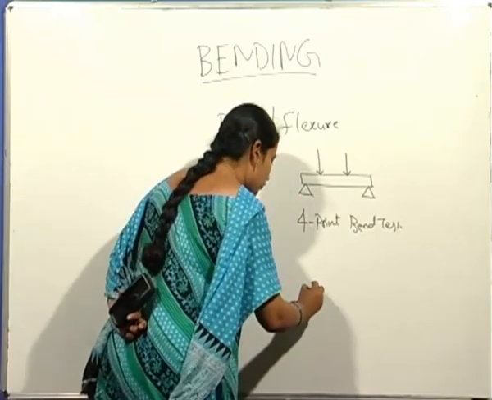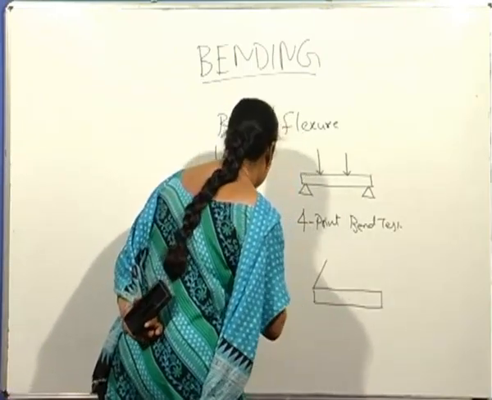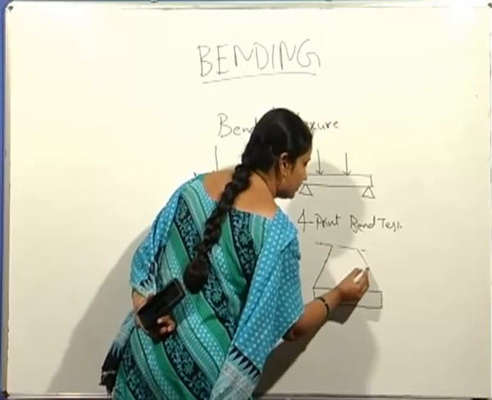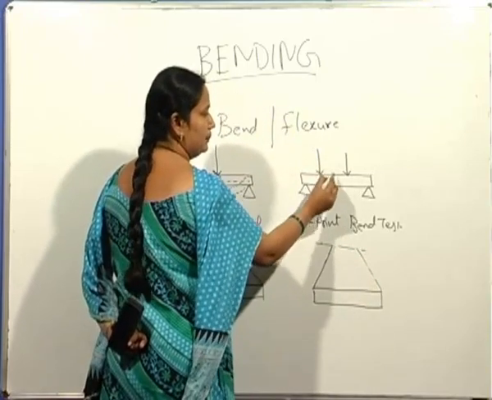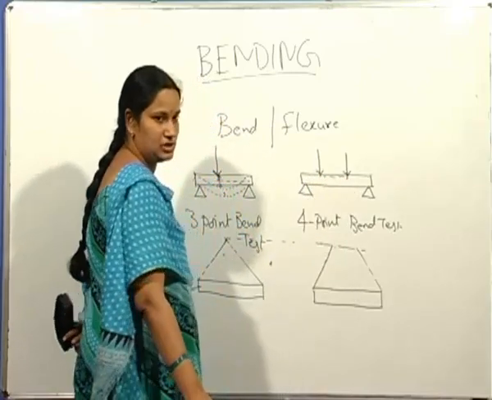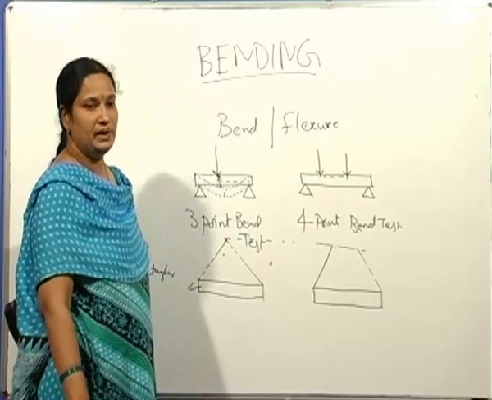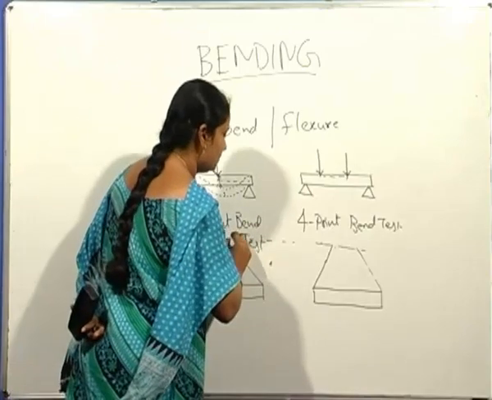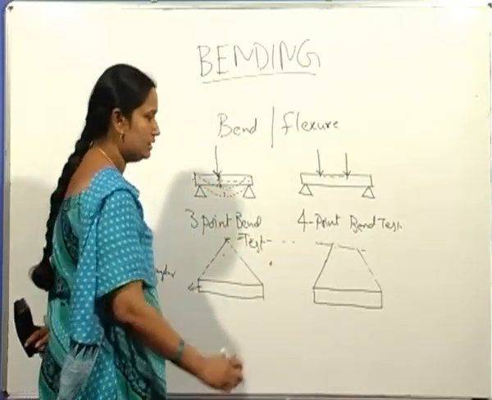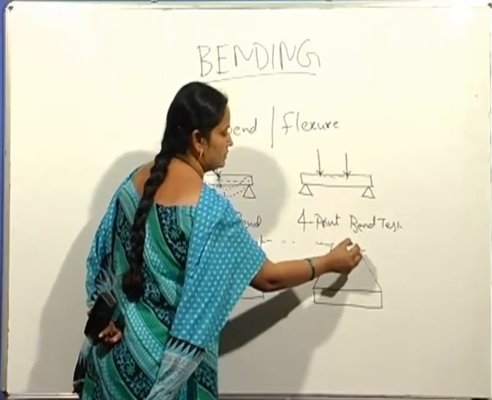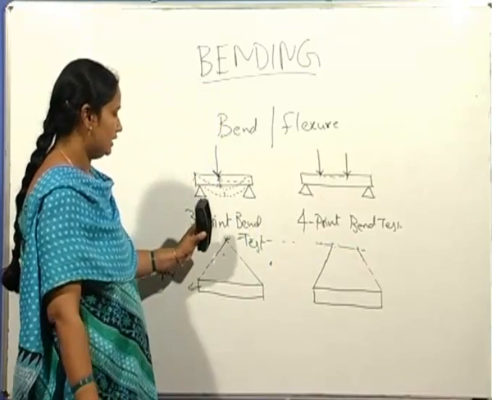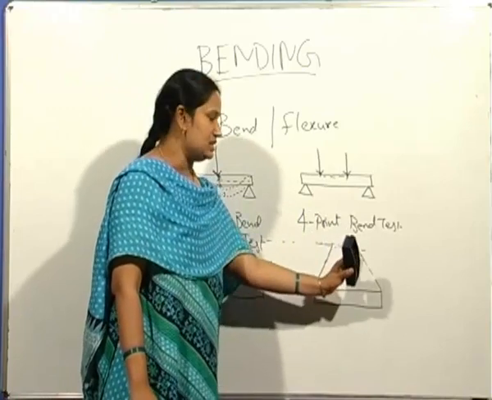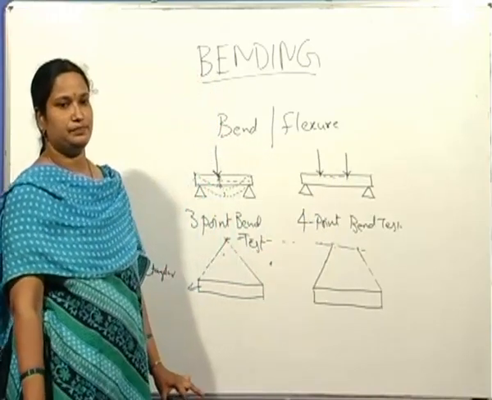Whereas for the 4-point bend test, the stress is constant between the 2 loading points, but the maximum stress is equal to that of the 3-point bend test if the other parameters are maintained constant.